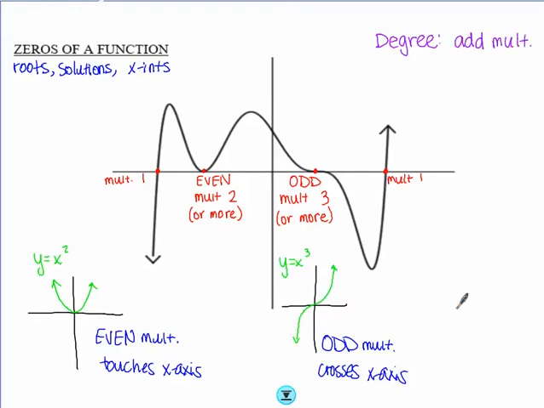So, if we look at this graph, we have a multiplicity of 1, multiplicity of 2, multiplicity of 3, and another multiplicity of 1. So if I add up 1 plus 2 plus 3 plus 1, I get 7. So this is probably a graph of a 7th degree polynomial, but it could be a higher degree polynomial. So the degree for this one is at least 7.